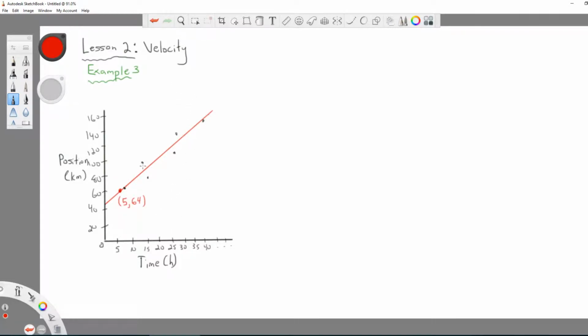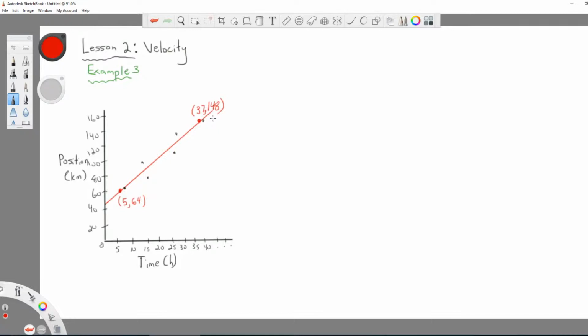Then up here, to find a nice slope, you want to find values that are far apart on the line to get a more accurate slope. So up here at 37, so maybe somewhere around here. I'll put a dot there. This value I had 37 and 148. Great.